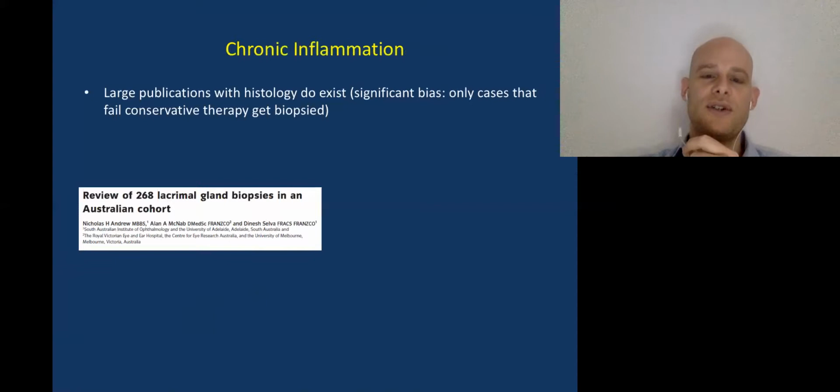There is no series where 300 consecutive patients walk in with inflammation, and before you even try to give them anti-inflammatories, you take a biopsy. That doesn't exist. So there's a huge bias in the literature to cases that fail conservative therapy. So that's my first comment.